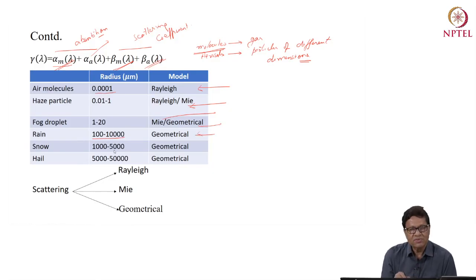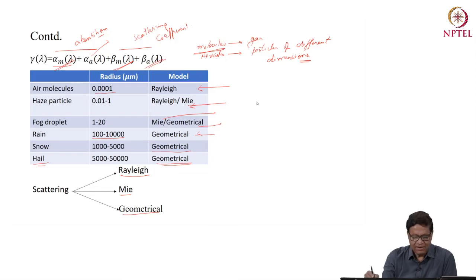Snow, 1000 to 5000, the typical size of the particles, is also geometrical. And hail is bigger, 5000 to 50,000 micrometers. So this is geometrical. Basically, scattering is Rayleigh, Mie, or geometric, depending upon the size of the particle.